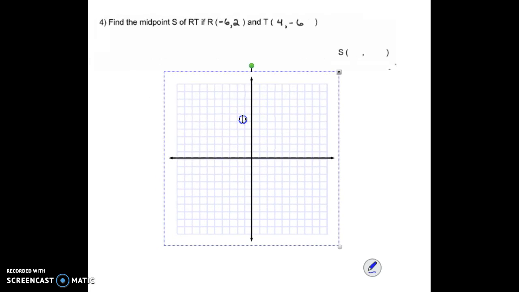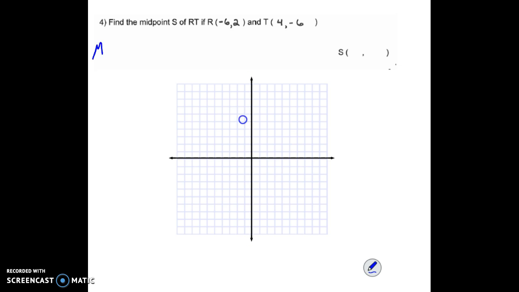Now, you can use the midpoint formula, which is x1 plus x2 over 2, y1 plus y2 over 2. And the idea here is the midpoint has an x-coordinate and a y-coordinate, right? So I'm just going to say, this is going to be x1, y1. This is x2, y2.